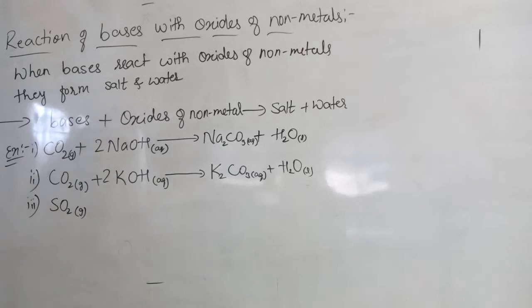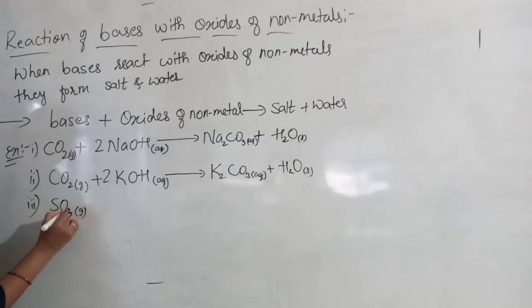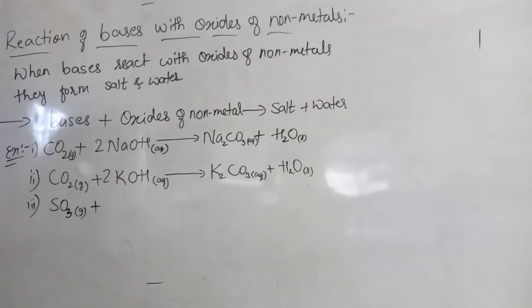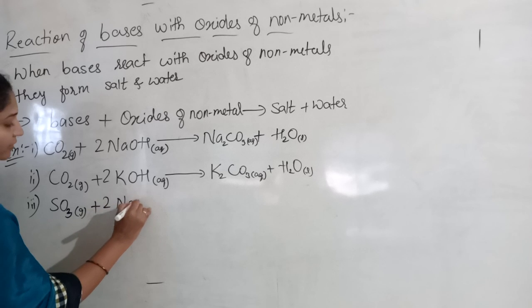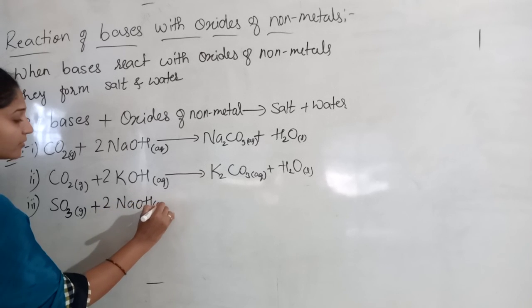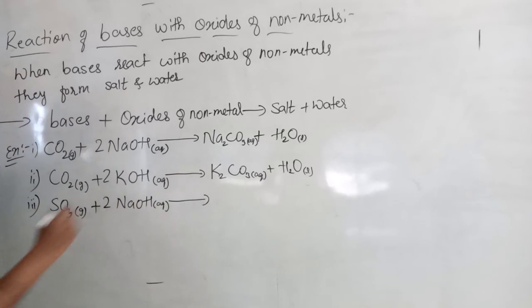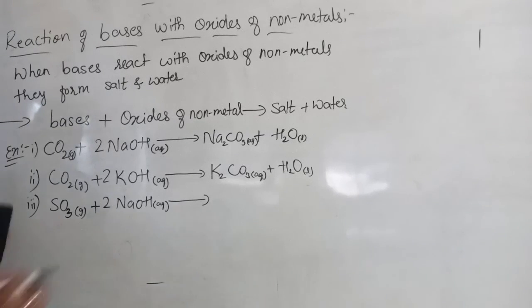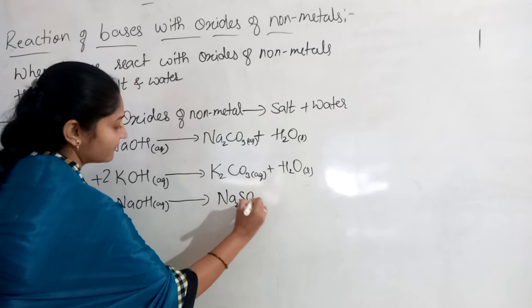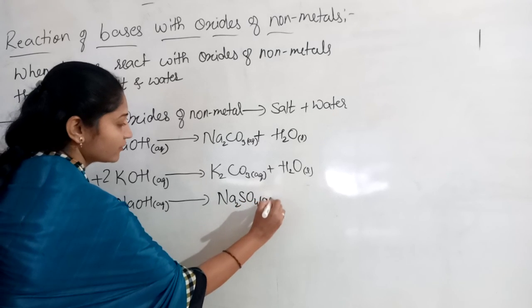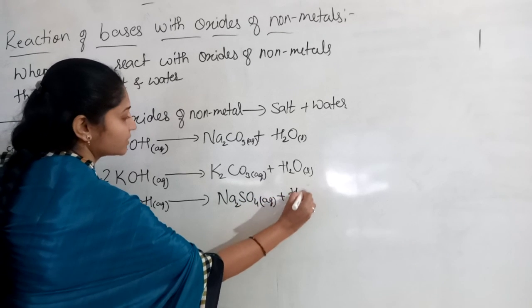Then the next one: sulfur trioxide, SO3, reacting with sodium hydroxide. It forms its sulfate, Na2SO4, sodium sulfate, plus water.